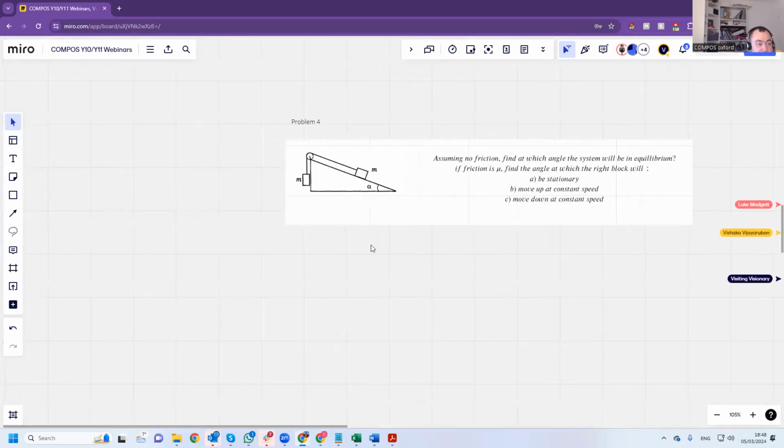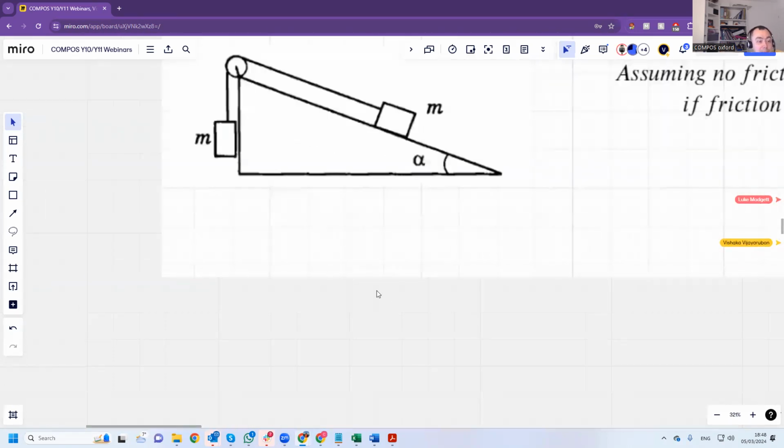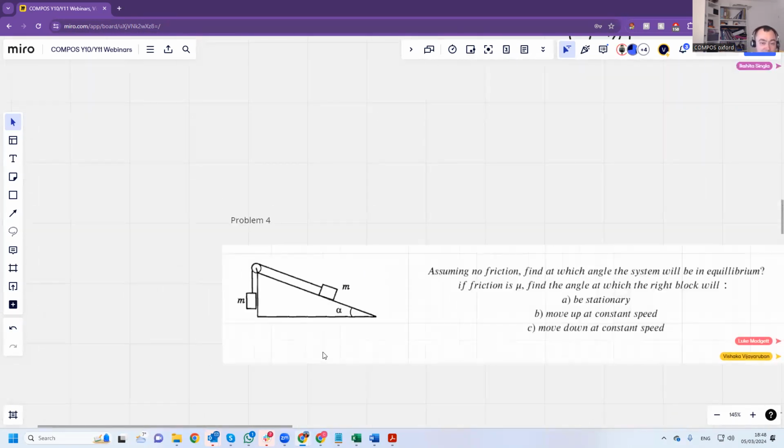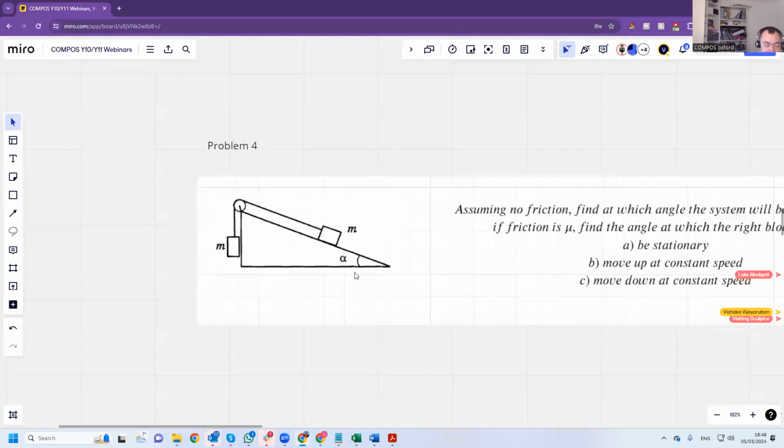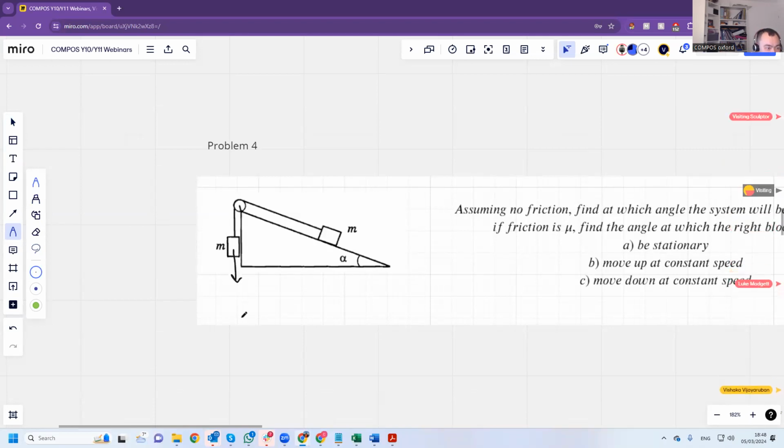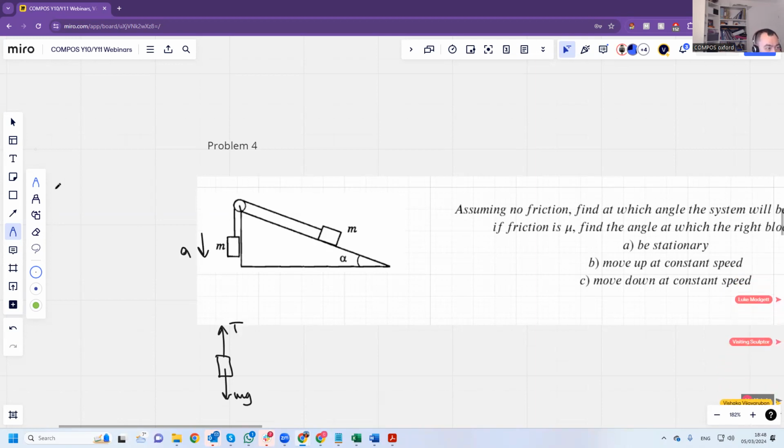Yes, you've correctly identified that the mass will move up the ramp. Okay. And let's look at the forces acting. So for the first mass, we have mg, and there's tension, and it's going to go down because it makes sense.